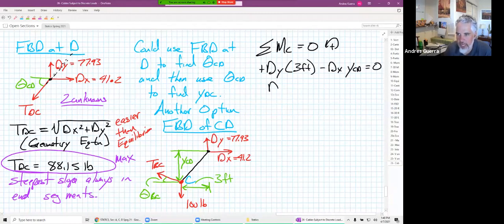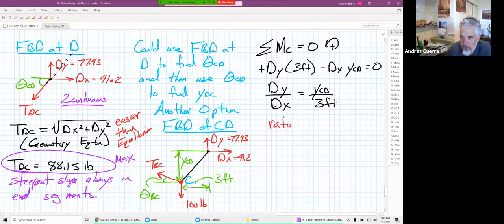And if I rearrange this so that I get my forces on one side, dy over dx, and my distances on the other side, we're going to end up with an equation that shows that the ratio of the forces is equal to the ratio of the distances.